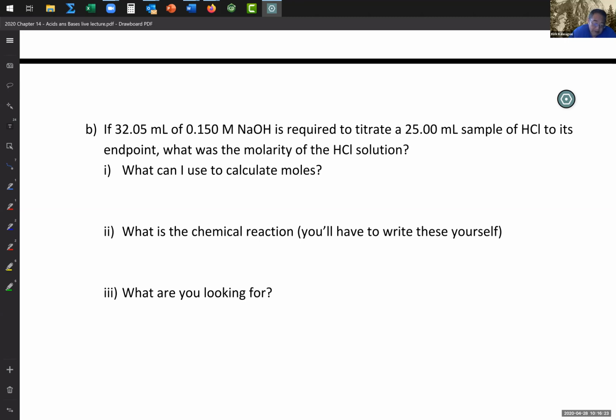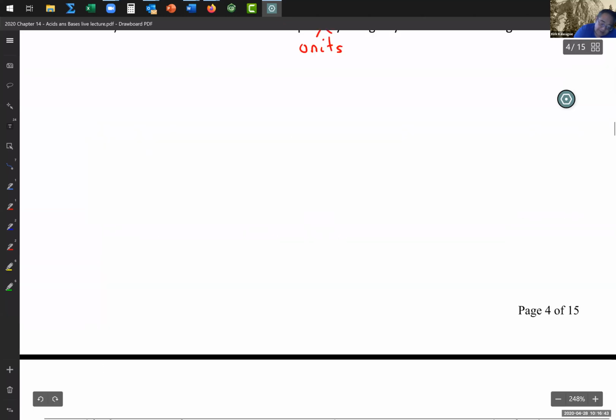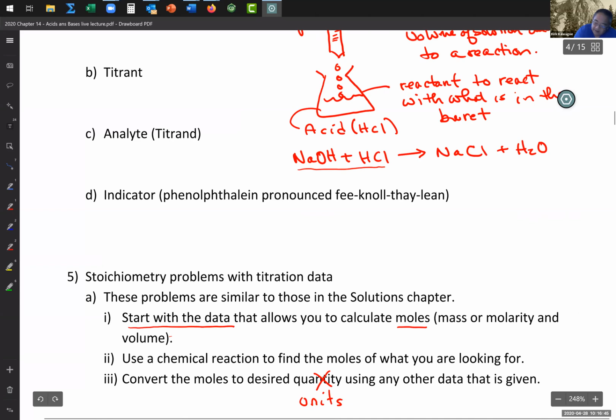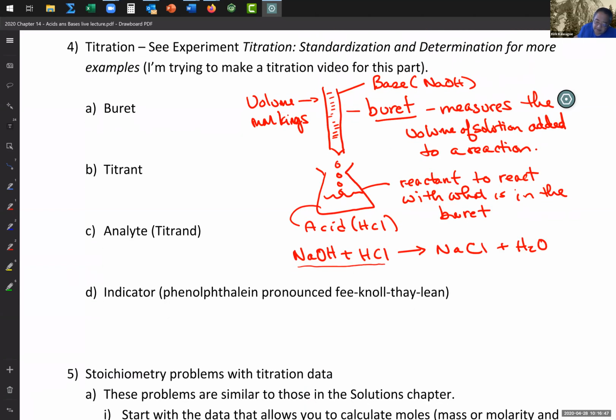Okay, so it says if 32.05 milliliters of 0.15 molar sodium hydroxide is required to titrate a 25 ml sample of HCl to its endpoint. The endpoint is when you stop, when we're up here, and the amount of stuff that you've added is exactly what you need to finish the reaction down here.